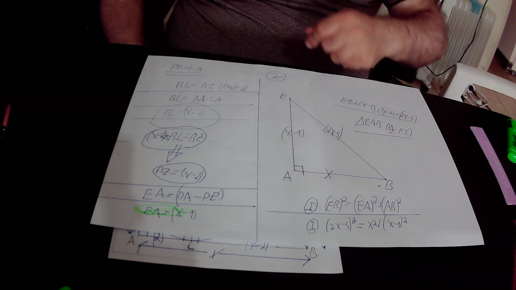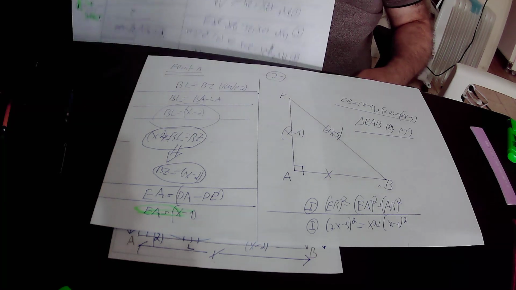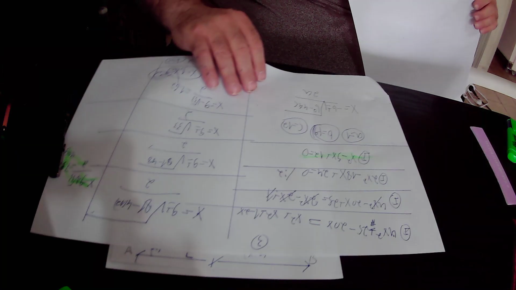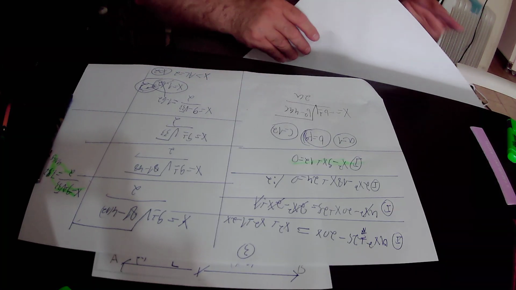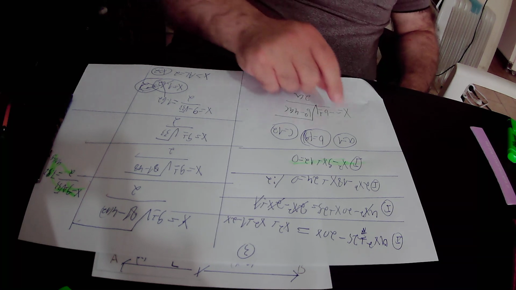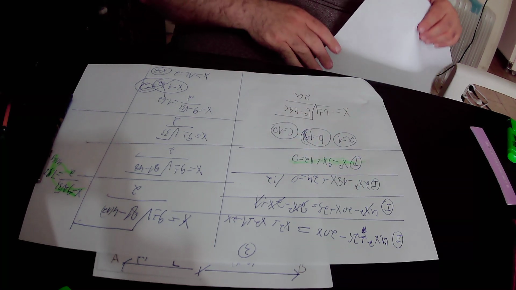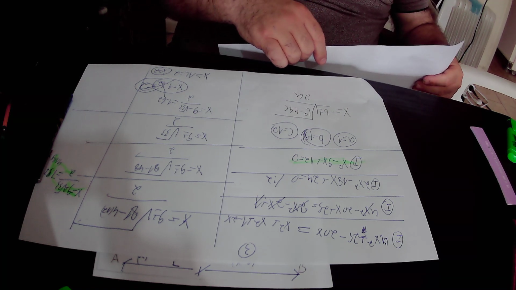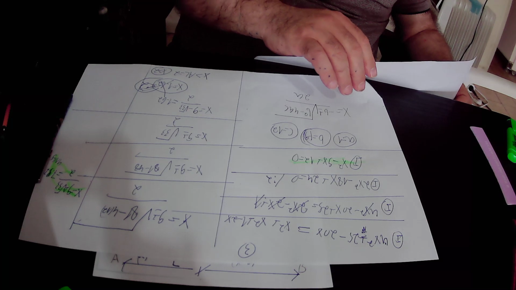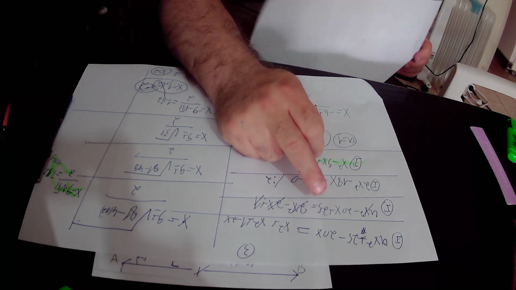We open the brackets on both sides of equation number 1, and we found out that (2X minus 5) squared is equal to (2X) squared, that is 4X squared, plus 5 squared, that is 25, minus 2 times 2X times 5, that is minus 20X.